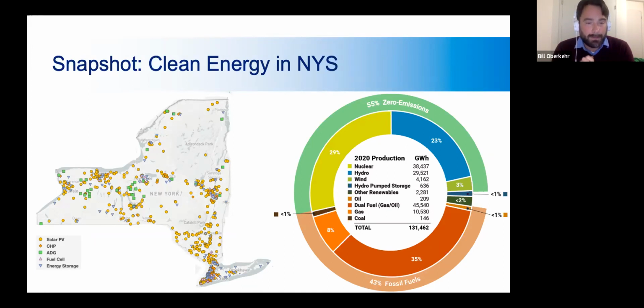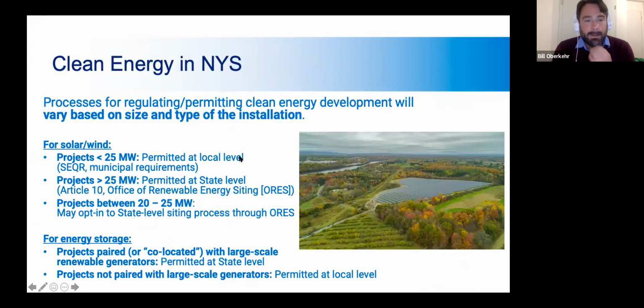We've got a little map over there on the left to give you an idea of where these different technologies are sited. If you go to NYSERDA's website, you can actually filter by technology if you're particularly interested in, say, energy storage or fuel cells. You can look at that map on NYSERDA's website.